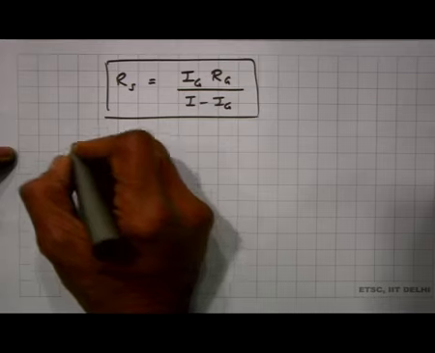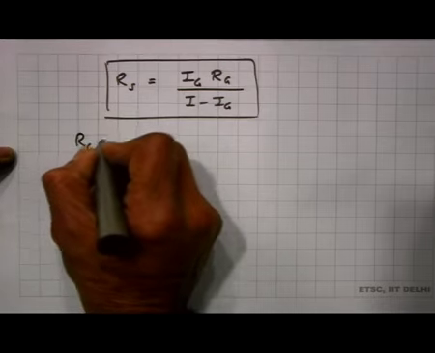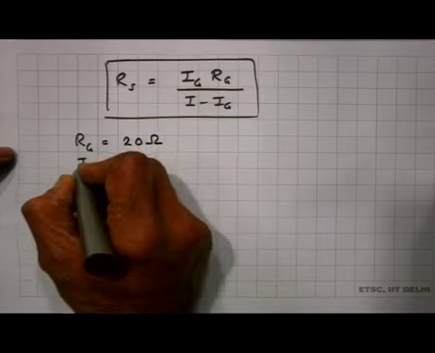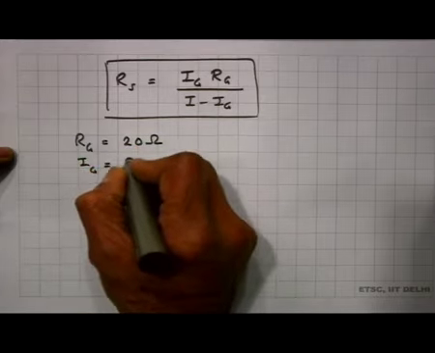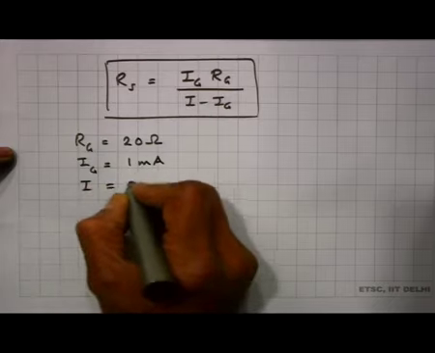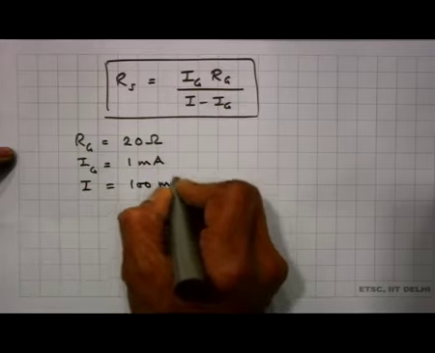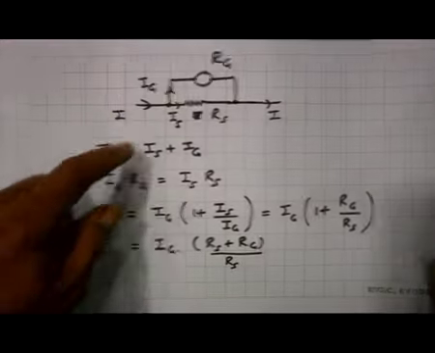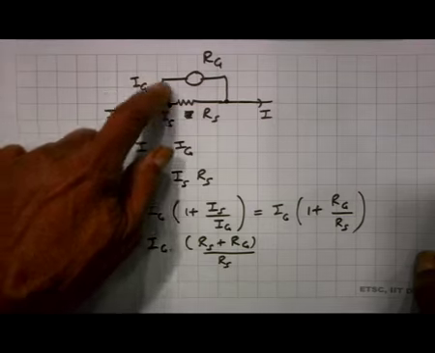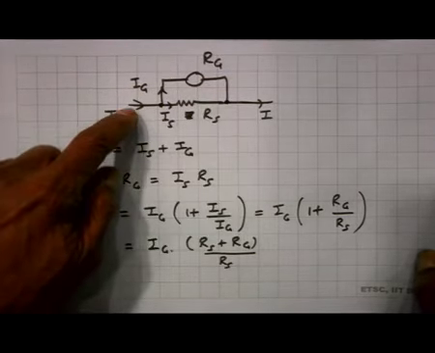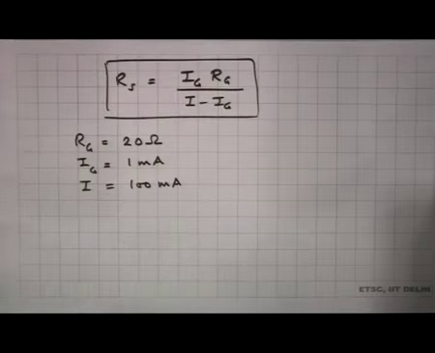So, now I am given in my problem Rg is equal to 20 ohms. The maximum current in the galvanometer is equal to 1 milliampere, and I must go up to I equal to 100 milliamperes. That means, when I have 100 milliamperes in my circuit, the galvanometer current must be 1 milliampere, so that I will be able to measure all currents up to 100 milliamperes.